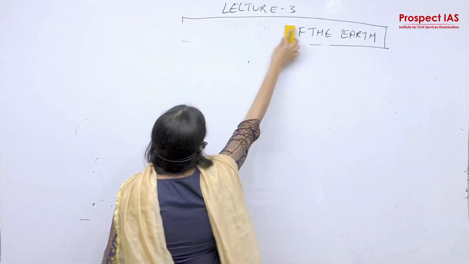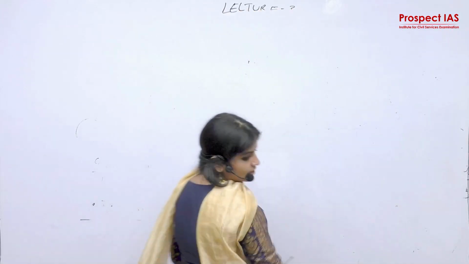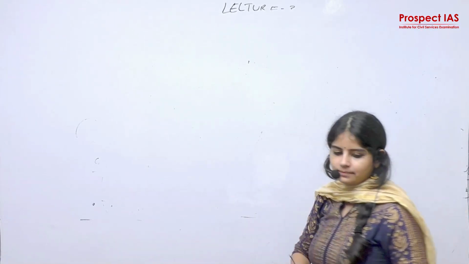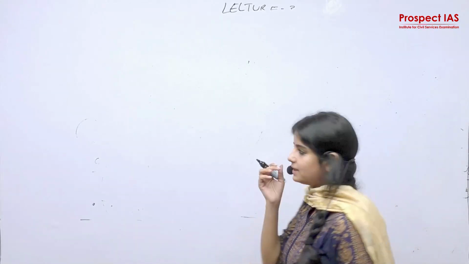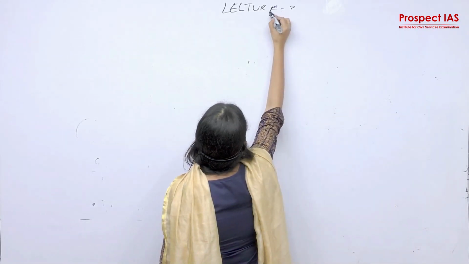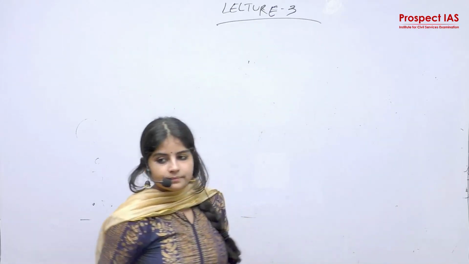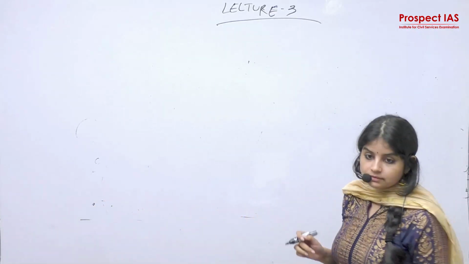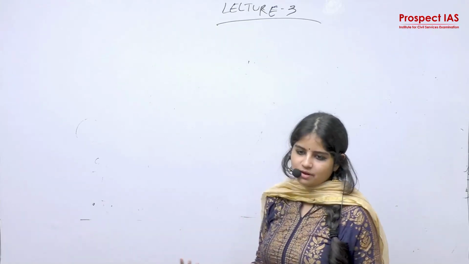As we are discussing the interior, we need to know that earth is composed of what? The Panch Tatva. We humans are made up of Agni, Vayu, and how many are these? Five. Can you tell what are these? Yes. Air, water, fire, sky. Okay. Sky means atmosphere in geography.